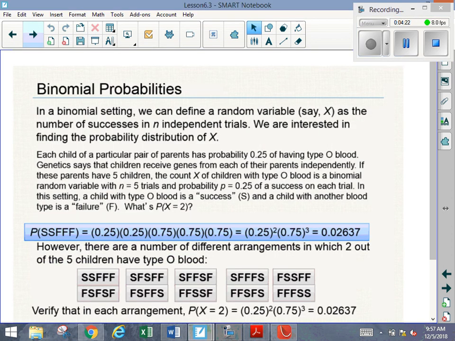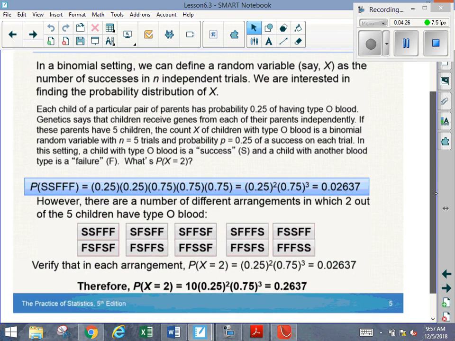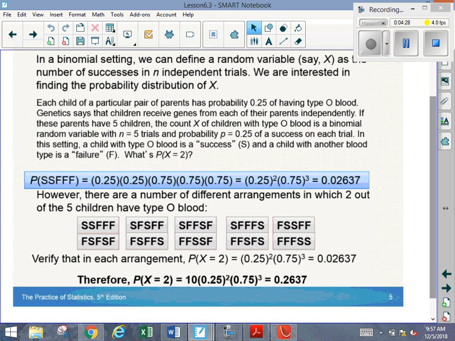In this particular example, you're shown how to calculate a probability in a binomial setting if you were to just calculate it old school style. But now we have some new tools that will help us out. So we're going to come back to that and look at another example like it.